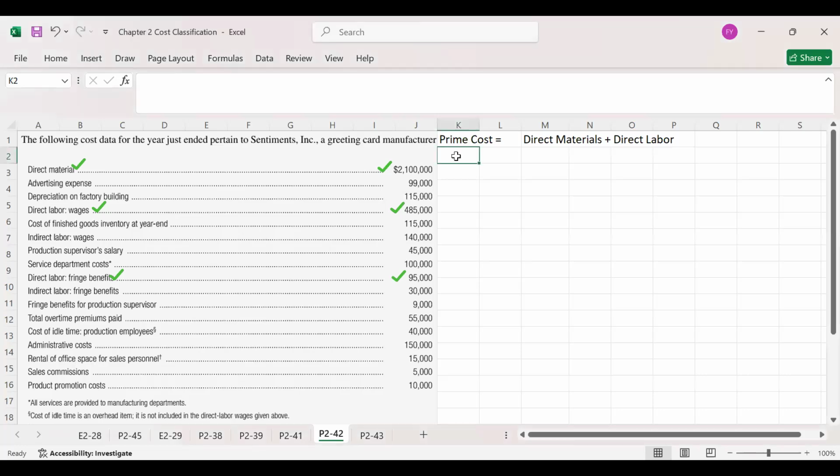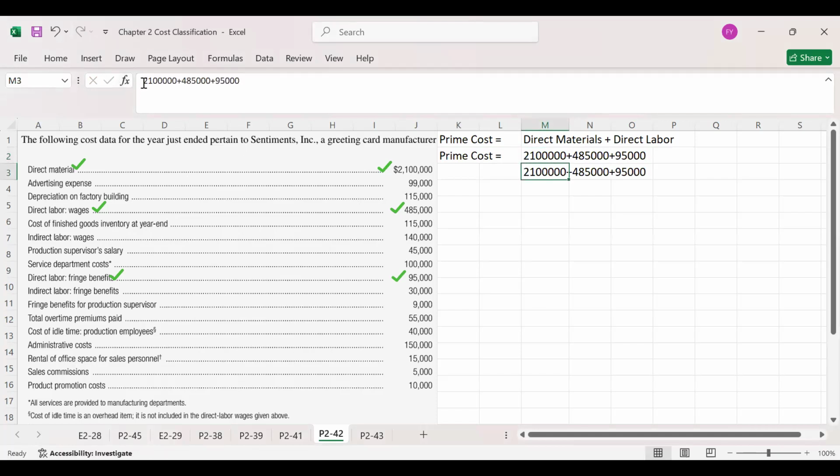So prime cost would be direct material, which is 2.1 million, and we add direct labor. Direct labor includes wages of direct labor, which is 485, and fringe benefits of direct labor, which is 95,000.